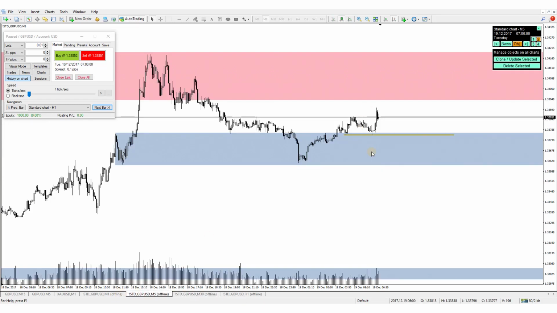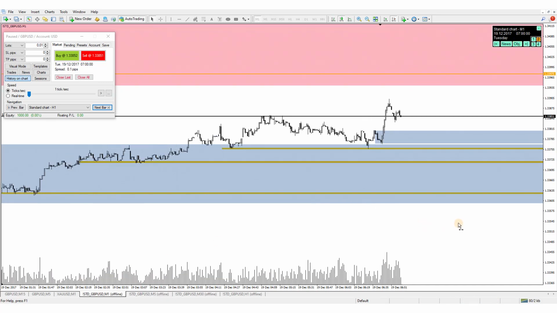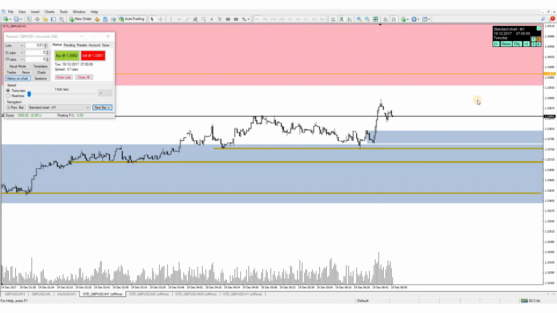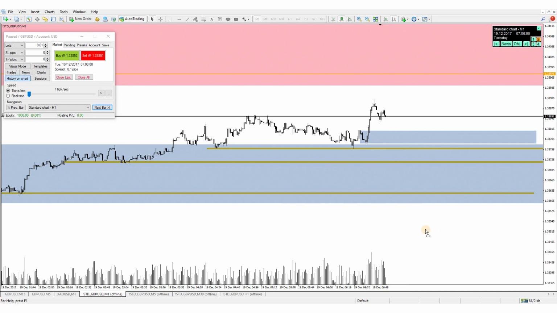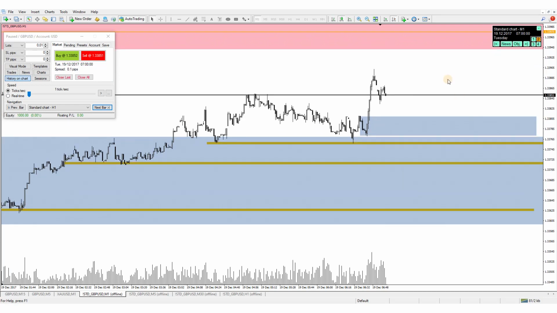Maybe price wants to go once again to the demand or even break it because of the very low equal lows. This is dangerous. If this would be taken, maybe the candle will break this demand. But I have marked this. My plan is to look for a sell, and these are my golden levels as a potential TP.